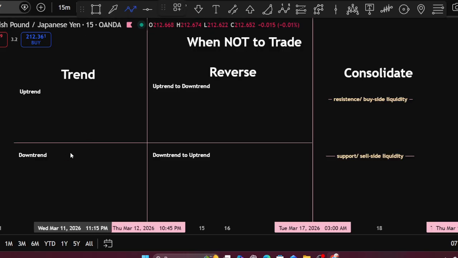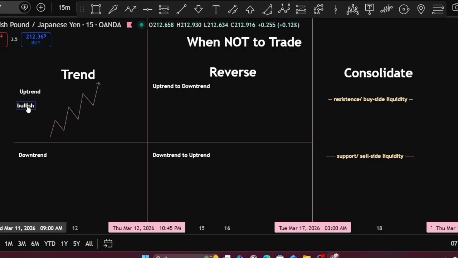So with your uptrend, the market is always making higher highs, meaning that it is continuing going higher. It is bullish. Here's some more vocabulary. When it's a downtrend, the market is selling.